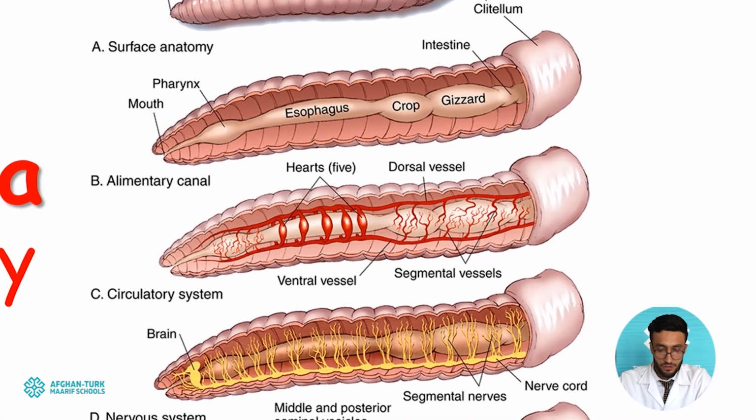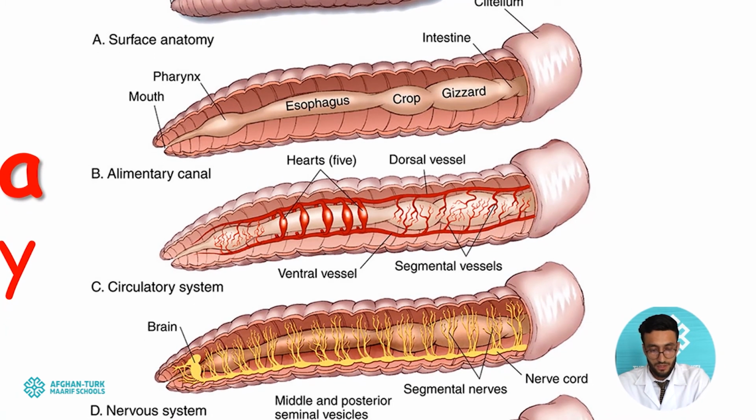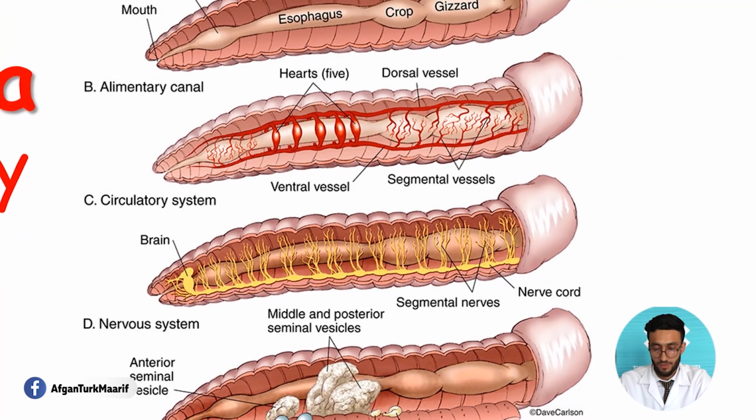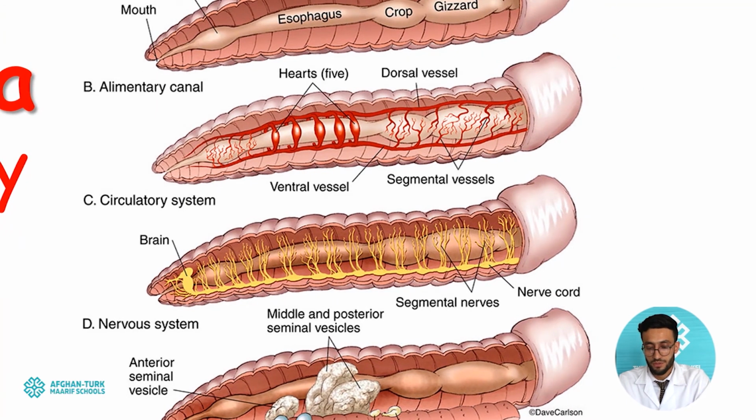On deeper examination, going inside the animal, the alimentary canal, or digestive system, is a complete system which starts from the mouth and ends at the anus. Between these two openings, you will see the esophagus, crop, and gizzard, which help break the food material into small particles. Absorption happens at the final stage in the intestines, and the nutrients are carried into the circulatory system, where materials are exchanged between tissues and the tissues are irrigated.